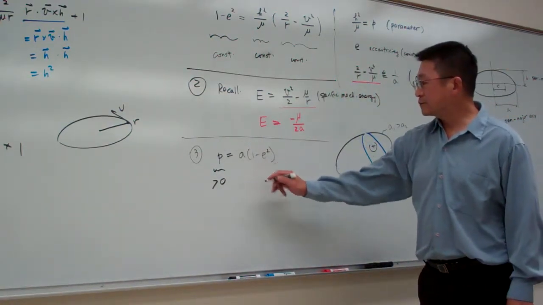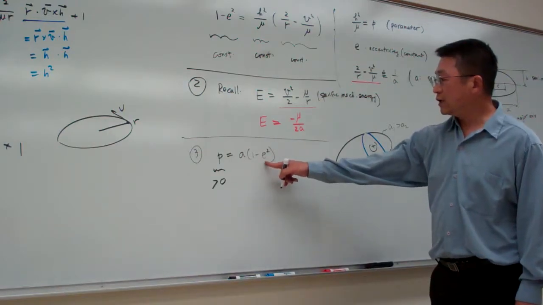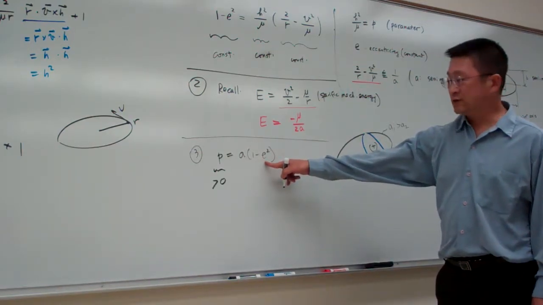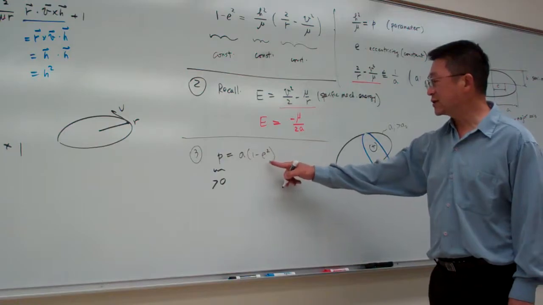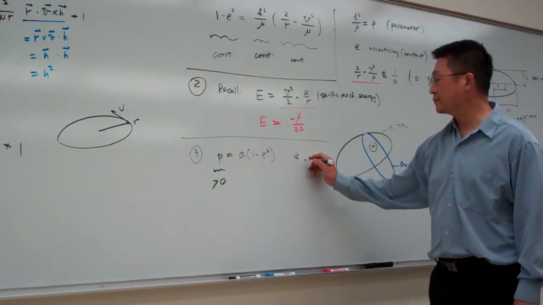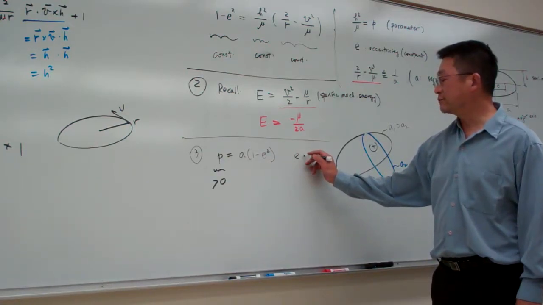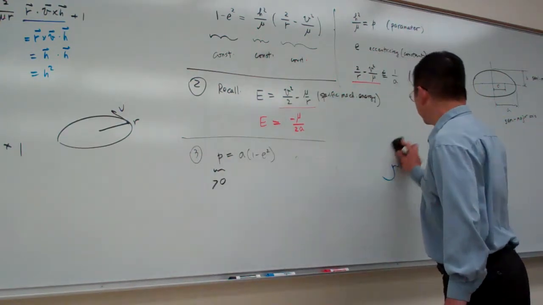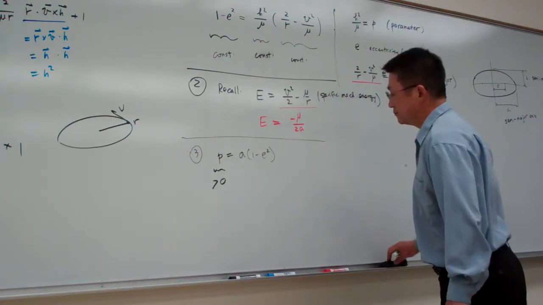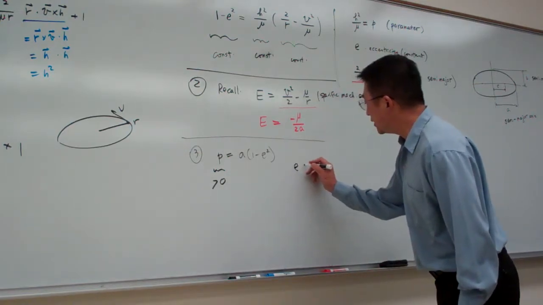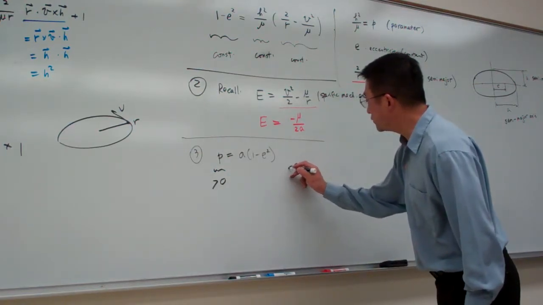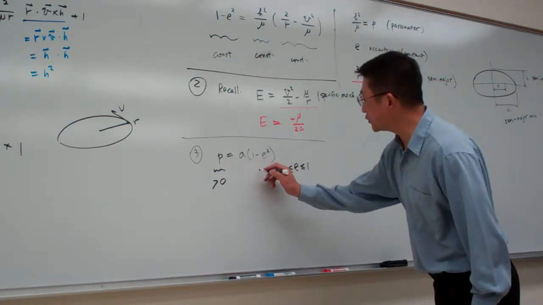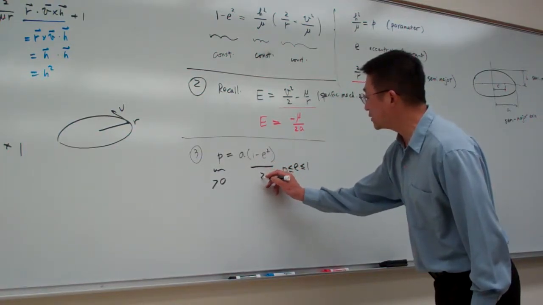And E is the eccentricity. Say when E is less than 1 and greater than 0, then this term is positive.